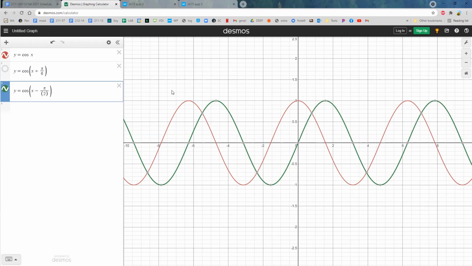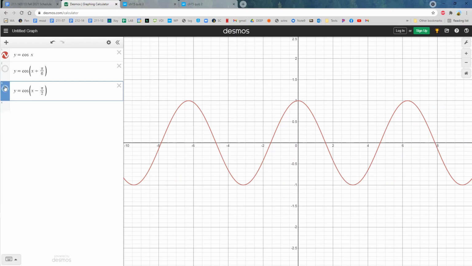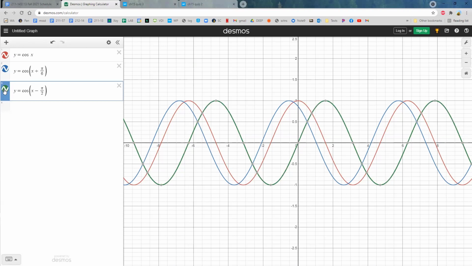This green function is just like the red function, but it's phase shifted pi over 2 radians ahead of the starting line. So it's good to see this side by side. Here's my unshifted cosine function. Here's a cosine function shifted backwards 30 degrees. Here's a phase shifted cosine function shifted forward by 90 degrees. So those are all the same.